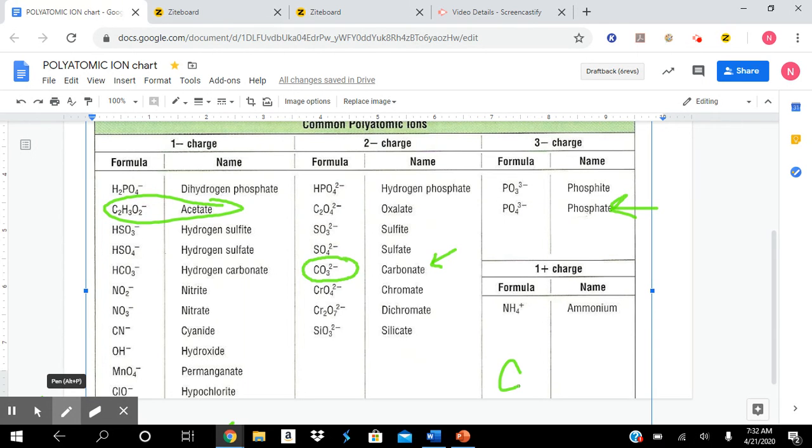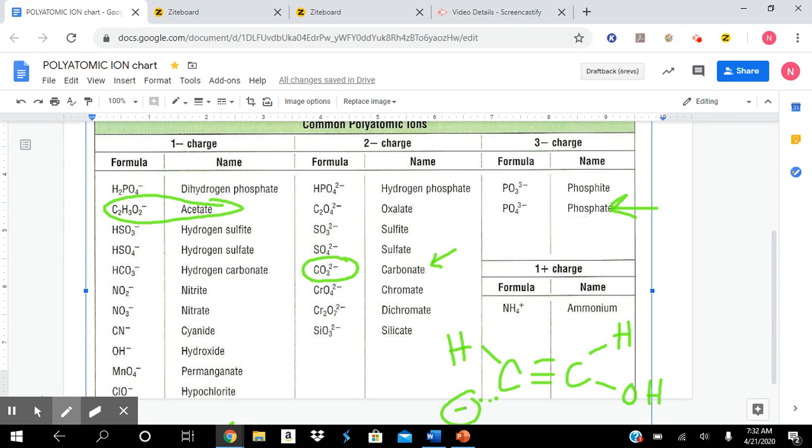There's my 2 C's, H, another H. I think it's O2, and that's where its negative charge comes from. I'd have to double check that.